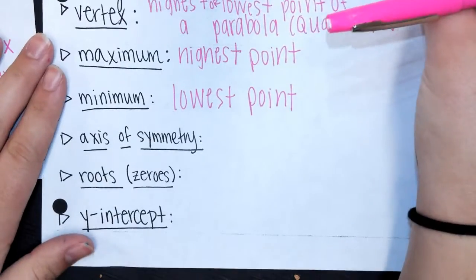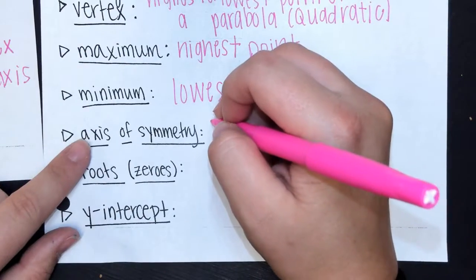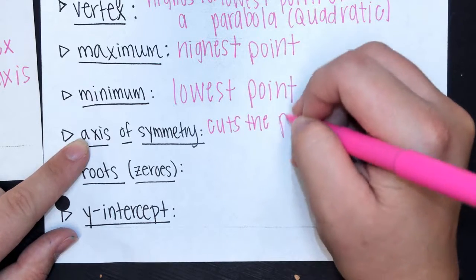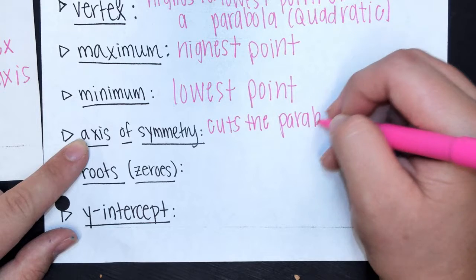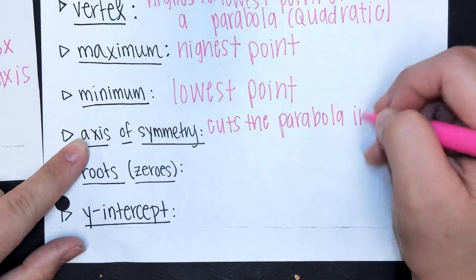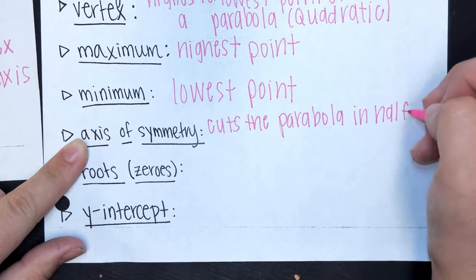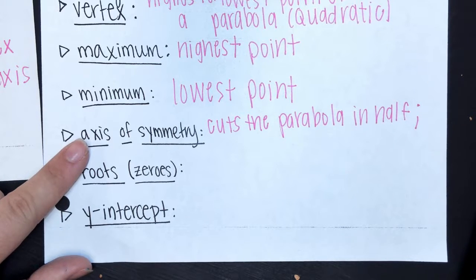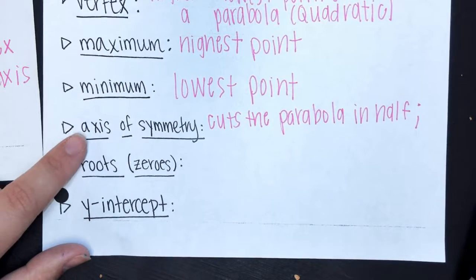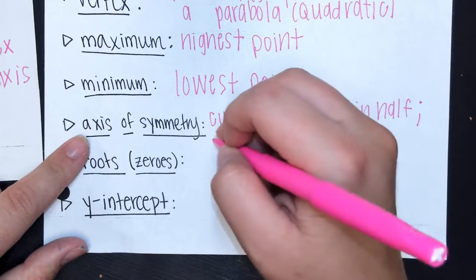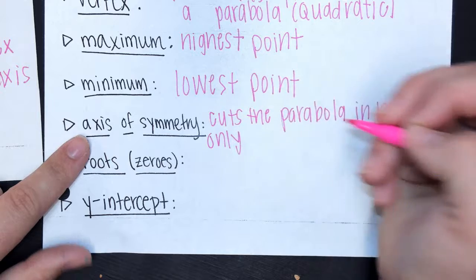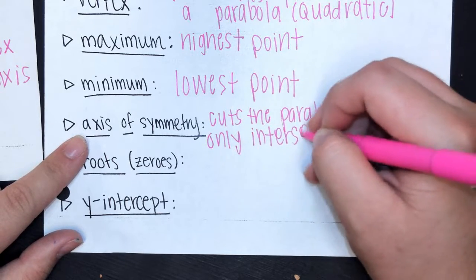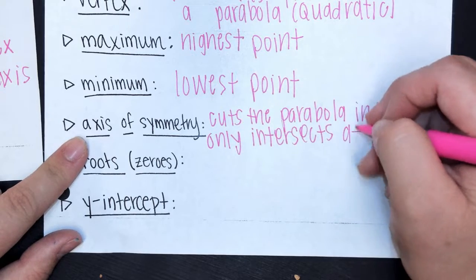Our axis of symmetry is the line that cuts the parabola in half. It only intersects at the vertex, so it only touches another point unless it's the vertex.